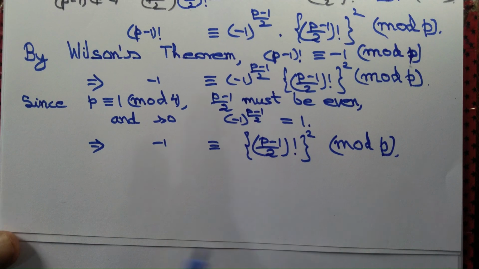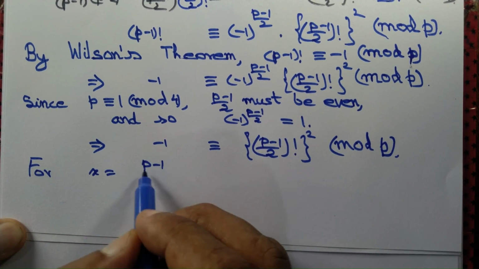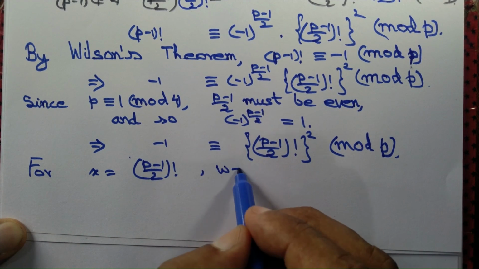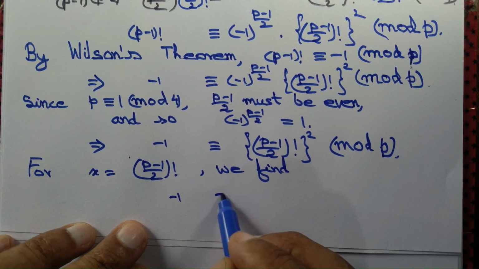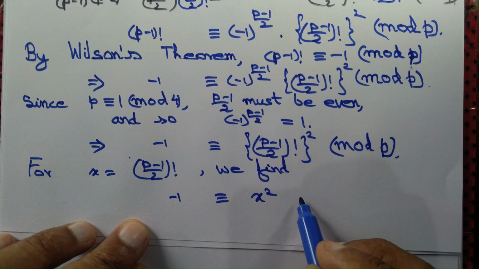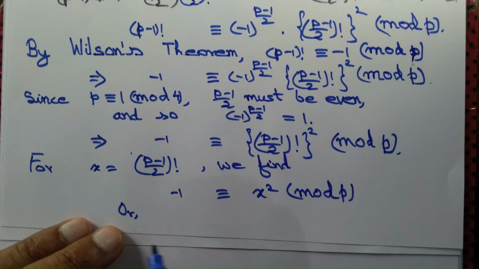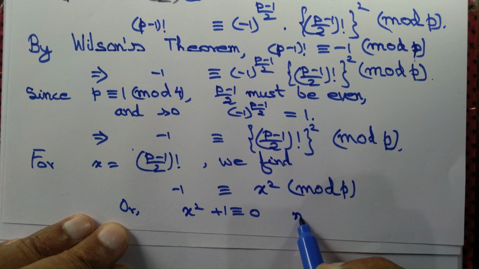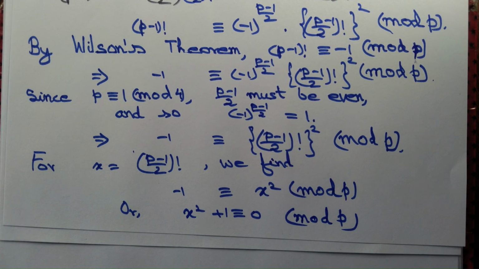So we got the solution for x equal to factorial p minus 1 by 2, we find minus 1 is congruent to x squared mod p, or x squared plus 1 is congruent to 0 mod p. And indeed, we complete the proof.